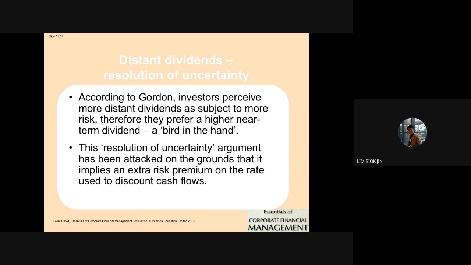But imagine before this, Facebook had very, very few users and people didn't trust them. So it was very hard for them to earn revenue, profit and income. So in the past, their dividend was almost zero. But they also promised a very high dividend in the future.